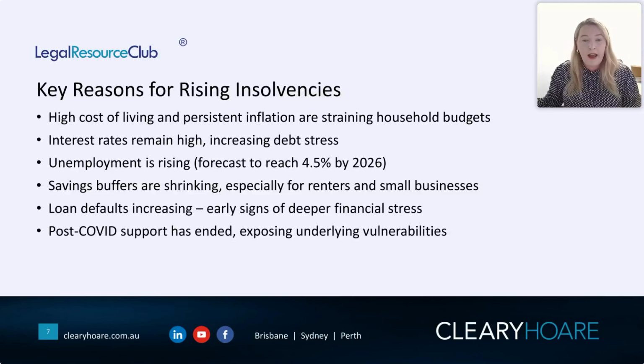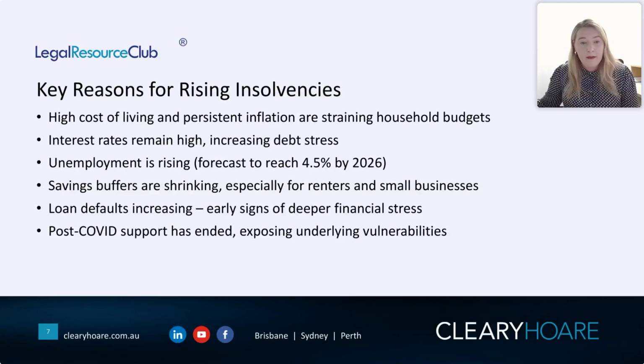Of course, we've had the high cost of living that people have been struggling with, and we've had persistent inflation occurring, which has meant that household budgets are struggling to make bills and to pay their rent, etc. We've also got interest rates remaining high because of that inflation. We've seen, obviously, a cut by the Reserve Bank, and there may be some more cuts to come in the coming year. But those changes may take some time to have any impact on people's cost of living and their ability to pay their debts.